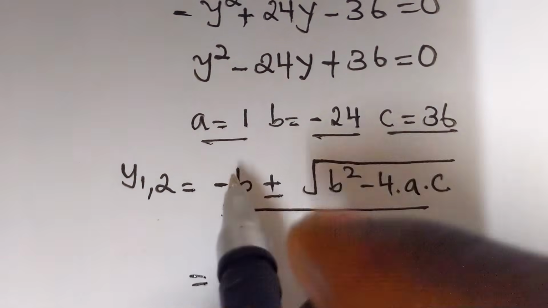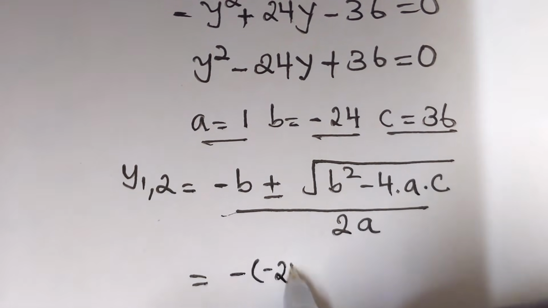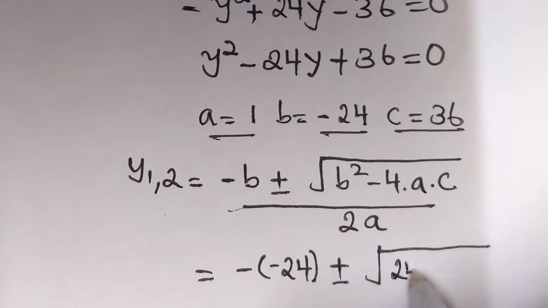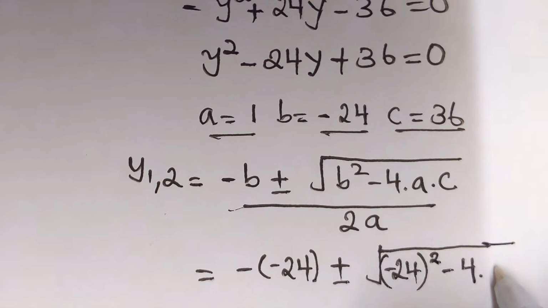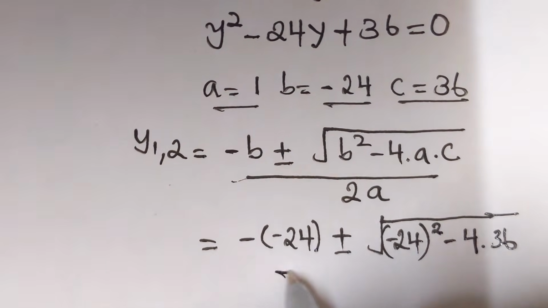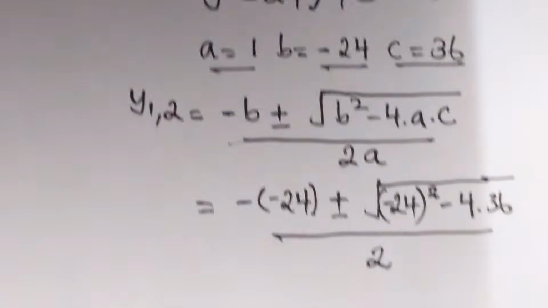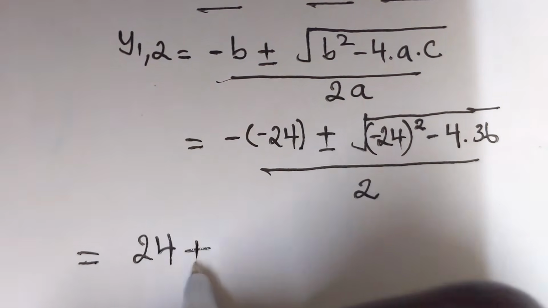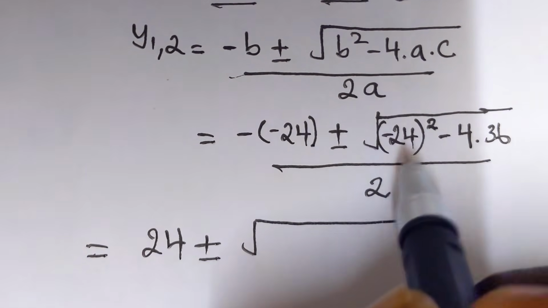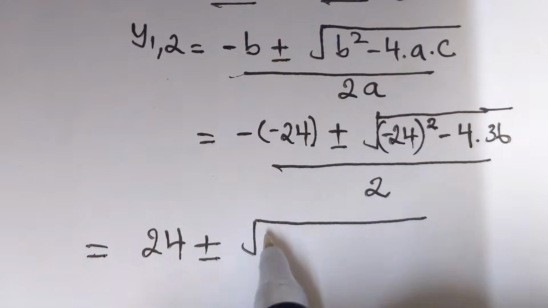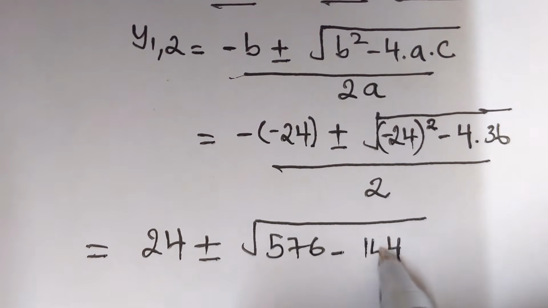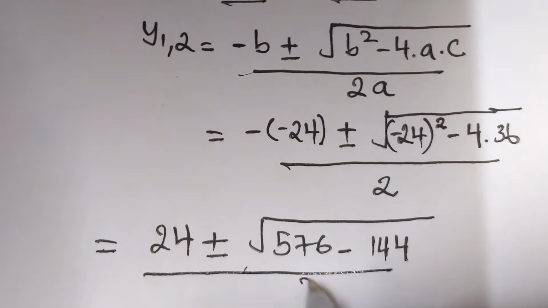This is equal to negative negative 24 plus or minus the square root of negative 24 squared minus 4 times 1 times 36, over 2. Here we write 24 plus or minus the square root of 24 squared, which is 576, minus 4 times 36, which is 144, over 2.